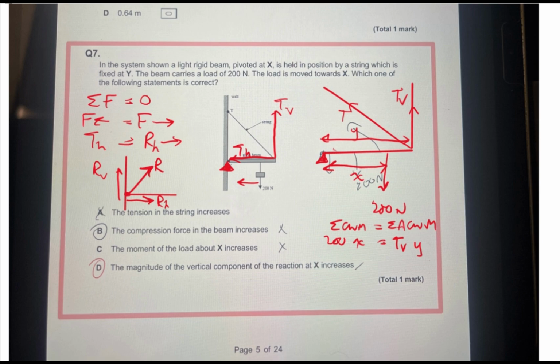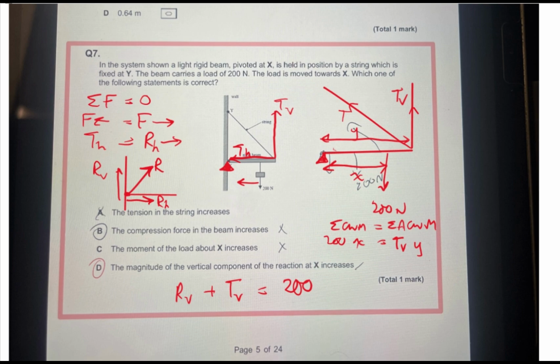And then the moment of the load about X is increasing. Well, the moment of the load is actually decreasing, isn't it? Because the distance is decreasing. Well, what we do know, as we said, R vertical plus T vertical is equal to 200. Now, that 200 hasn't changed, it just moved more to the left.